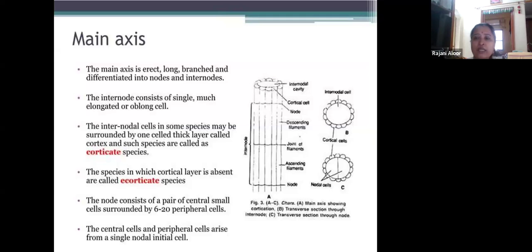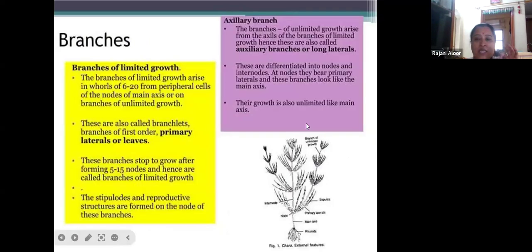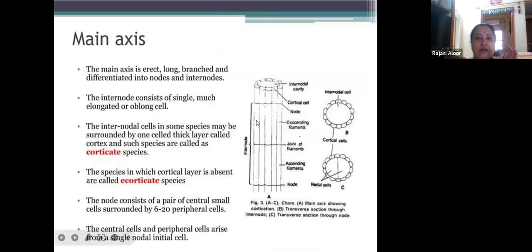Coming to the second part, the main axis. The main axis of Chara is erect, long, branched, and differentiated into nodes and internodes. It is very important. The internode consists of a single, much elongated or oblong cell.